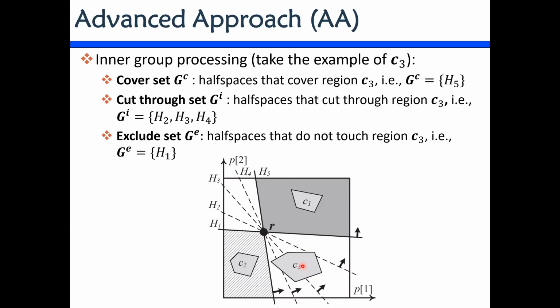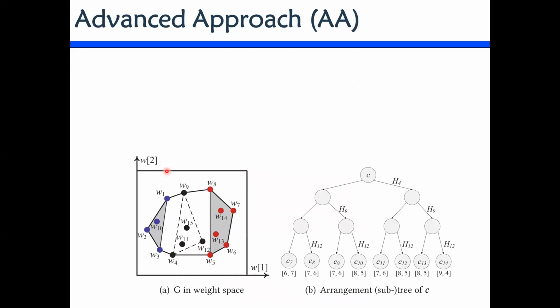Now, to do this classification, we need some geometric operations, right? So it is one viable way to improve performance to actually expedite this classification. And luckily, we're able to do that.